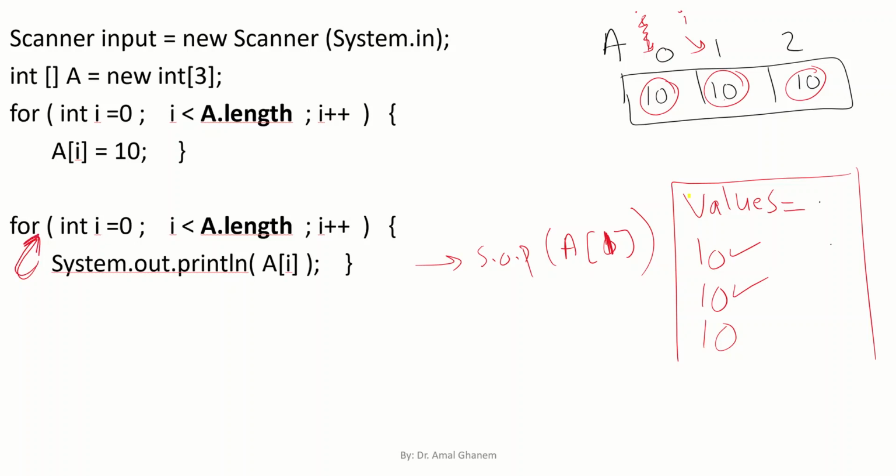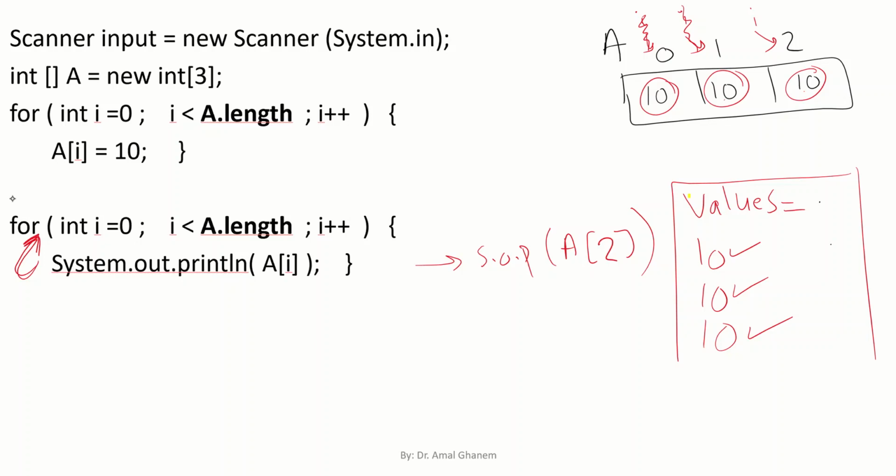We will go to the other loop, increment I and check the size. Increment I, so I will be 2. 2 is it less than the length? True. Do the output of A at location 2, so we will have a statement similar to this, A at location 2. This is location 2, inside location 2 is 10, so this is the output we have.